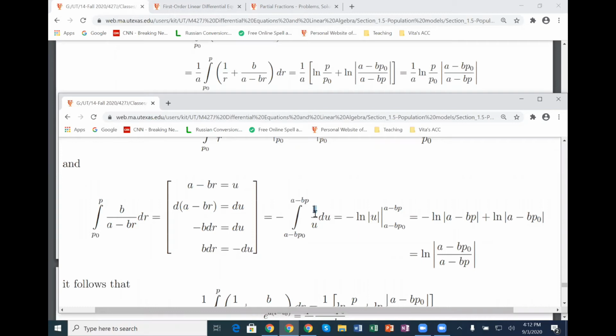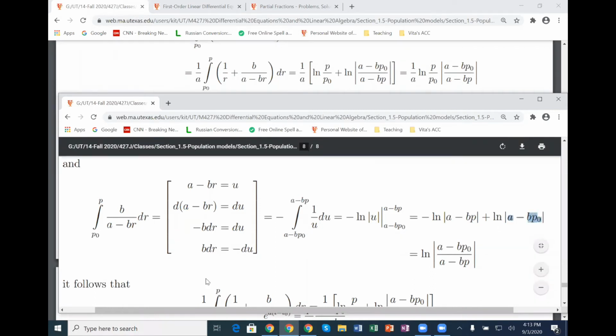Next step, antiderivative of 1 over u is ln of absolute value of u. We replace u by this. Done. We replace u by this. Done. Lastly, since we have minus in front of the whole thing, here we have minus, but here we have plus. And now we can think about what is written here as ln minus this ln.